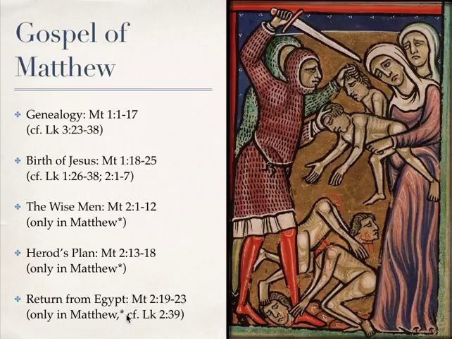It's only in Matthew that there's a flight to Egypt. So Mary and Joseph, realizing that Jesus is under threat, go to Egypt and stay there a couple of years. And when they return, they come back to Bethlehem, but still are afraid. And that's when they move to Nazareth.